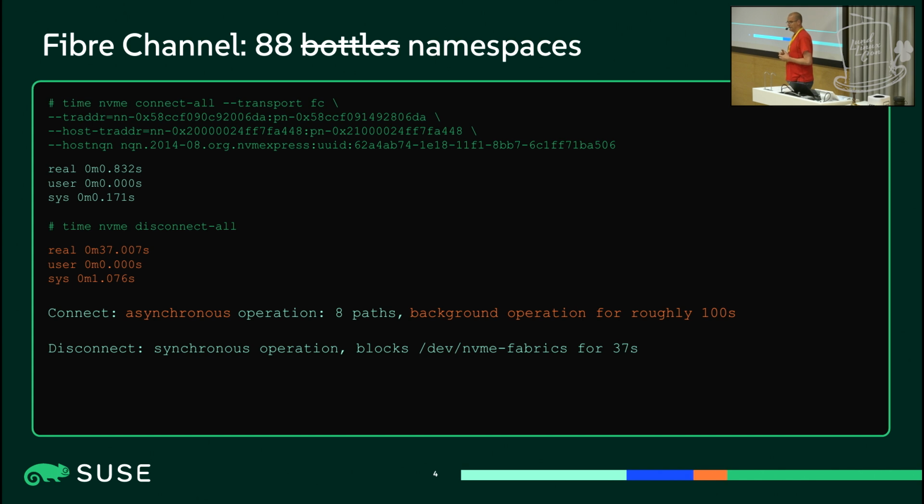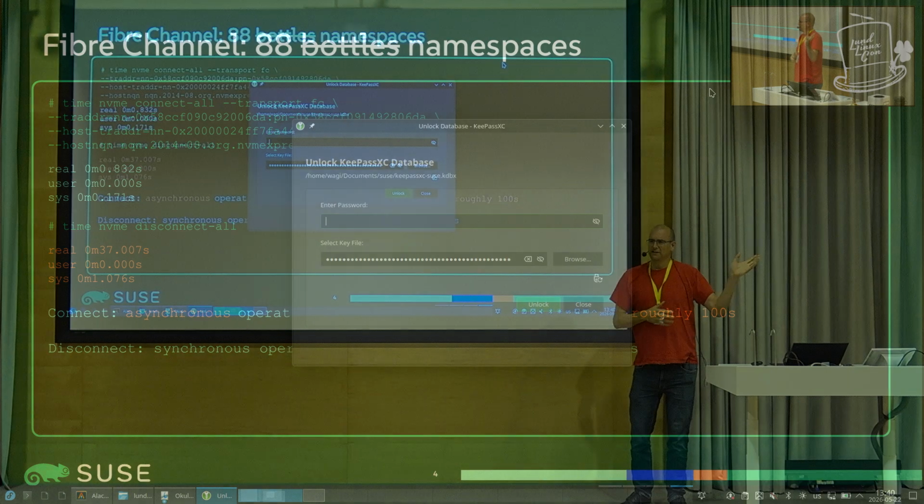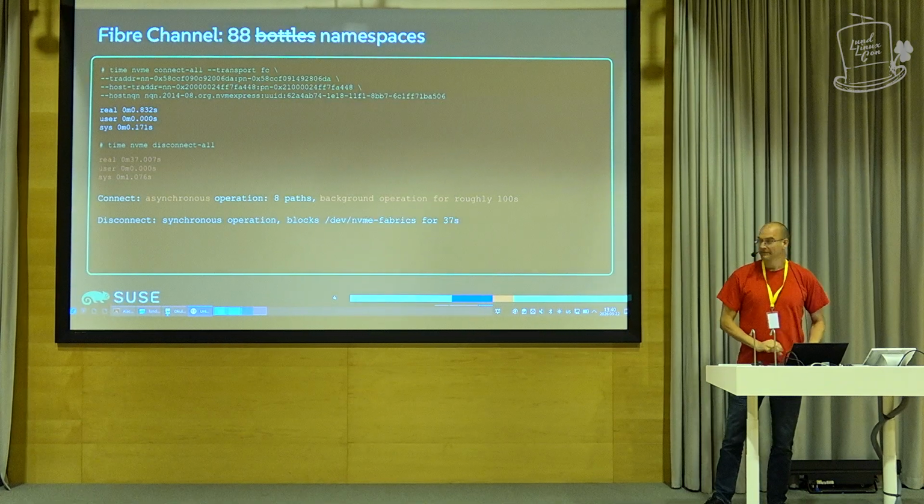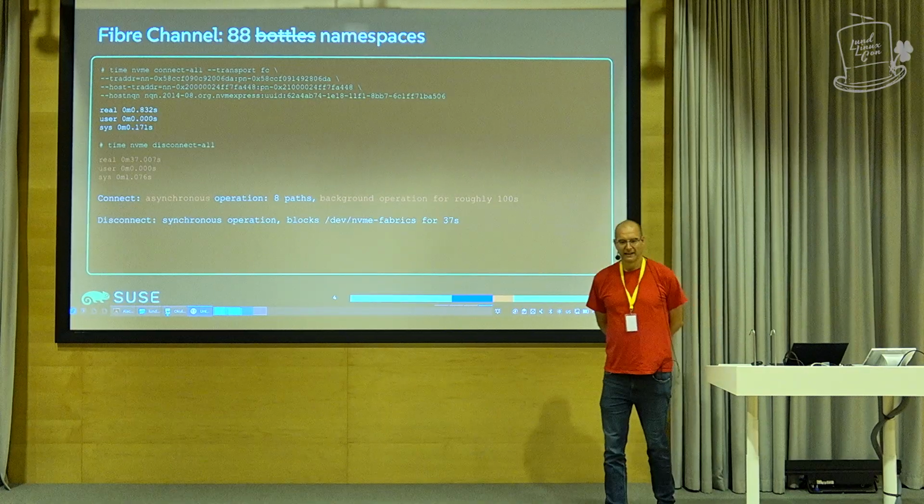But what you have to remember here is that the connect is actually asynchronous, meaning it returns immediately. The magic string is written into the device, and it returns immediately. And then in that particular case, it took roughly 100 seconds until the system stabilized. So there was a lot of action happening in the background, in the kernel, including discovery log page opens.